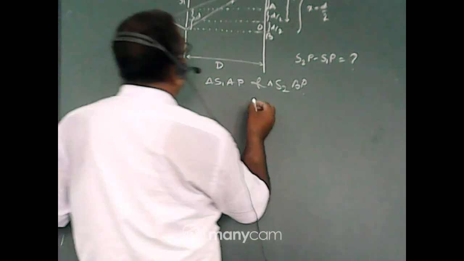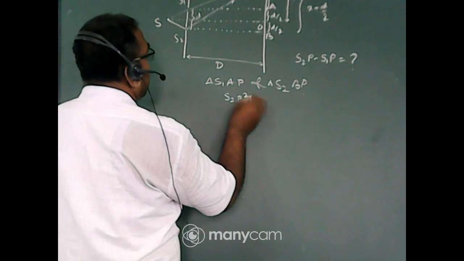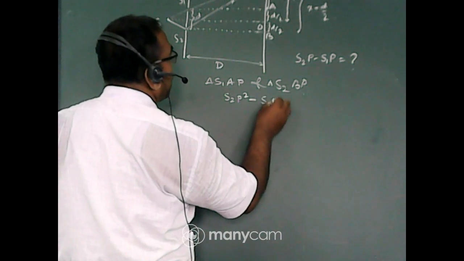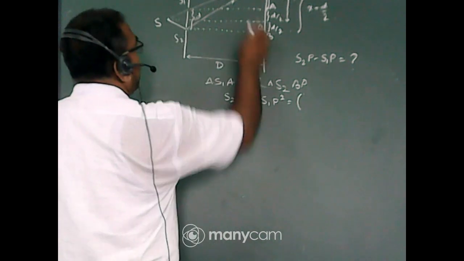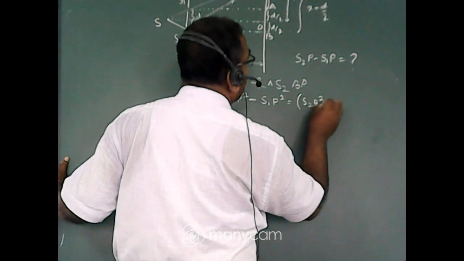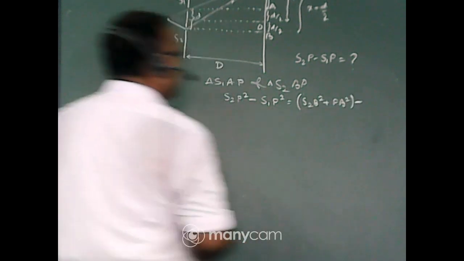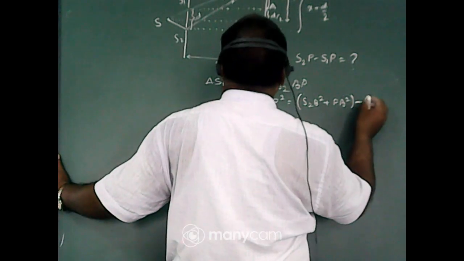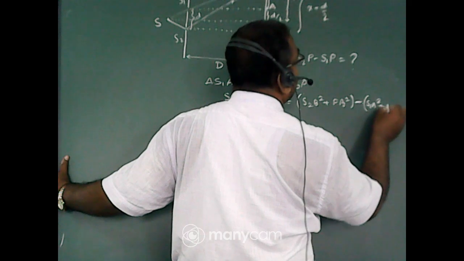So S2P square minus S1P square equals S2B square plus PB square, minus S1A square plus PA square.